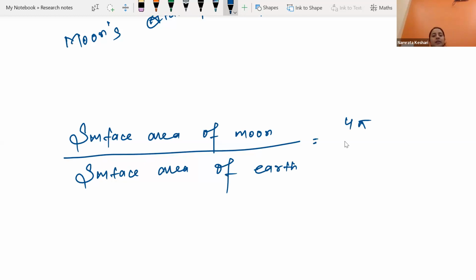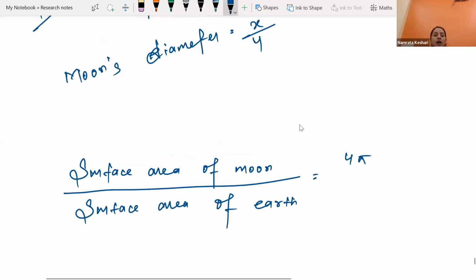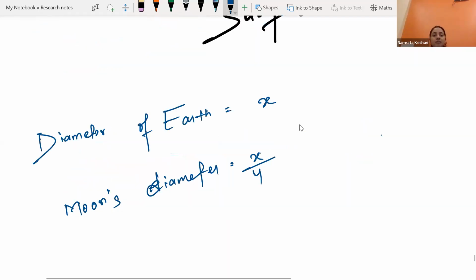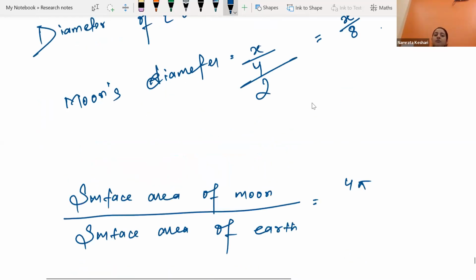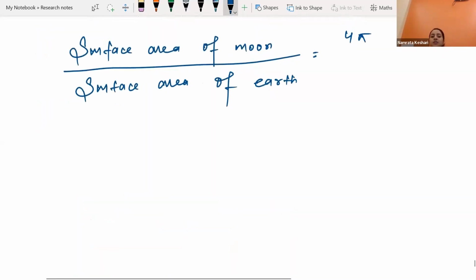Now what is the radius of the moon? Whatever you have taken as the diameter, you have to divide that by 2 to find the radius, right? So we will be having x by 8. If anyone is confused, let me tell you how to deal with such a scenario.